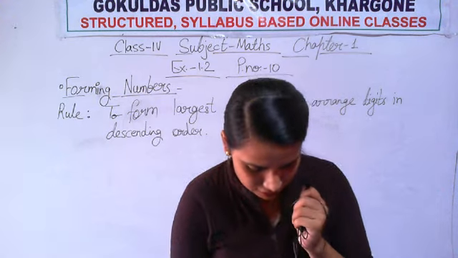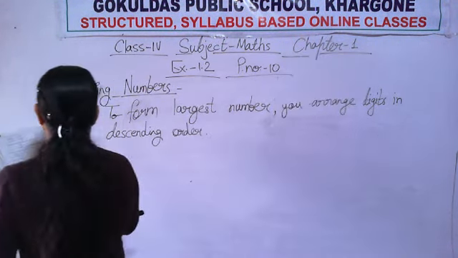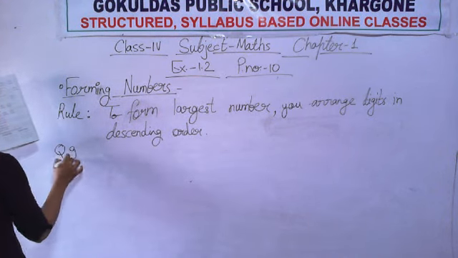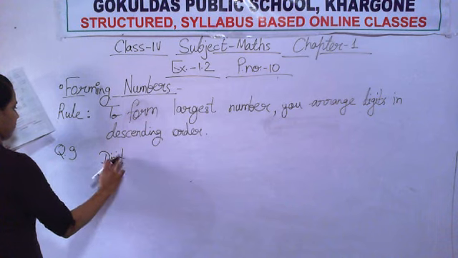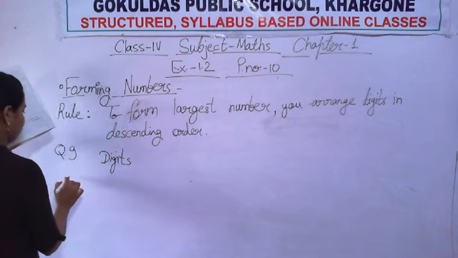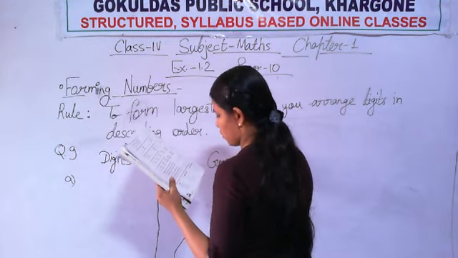Okay. So let us do question number 9 on page number 10. Digits are given. Here you have to write the greatest or largest number.